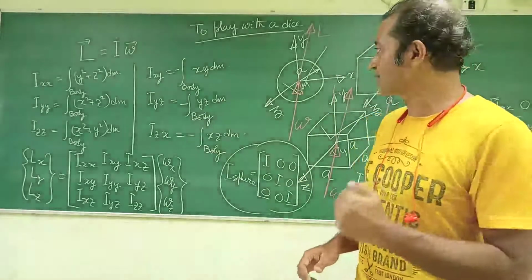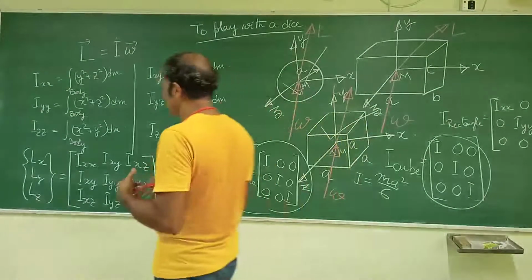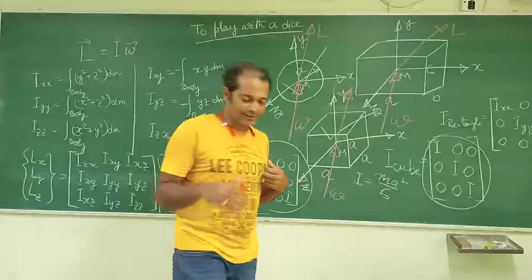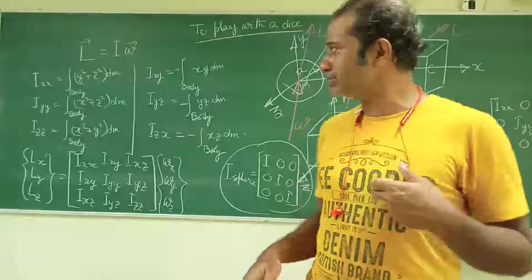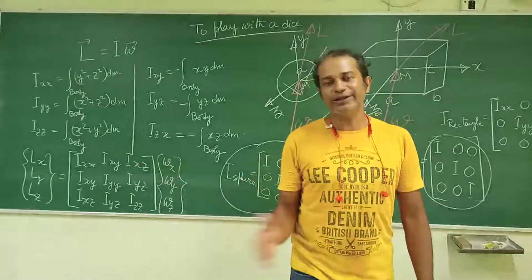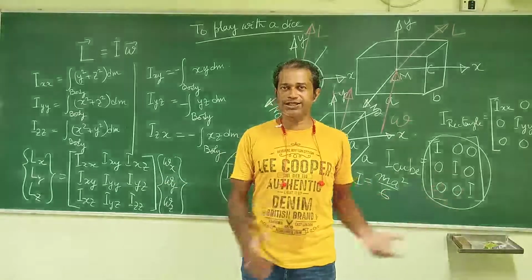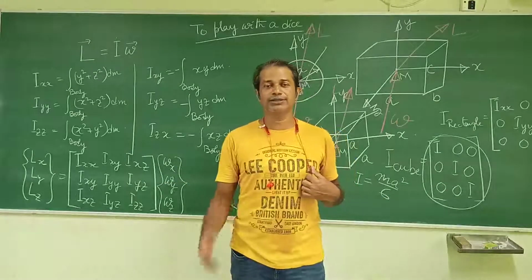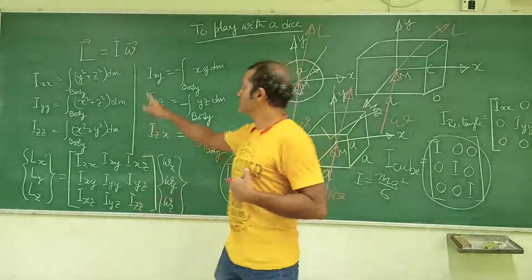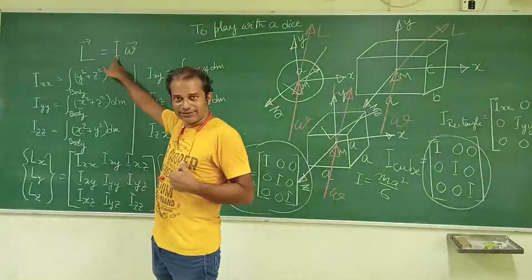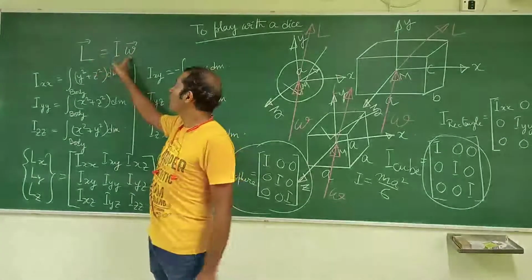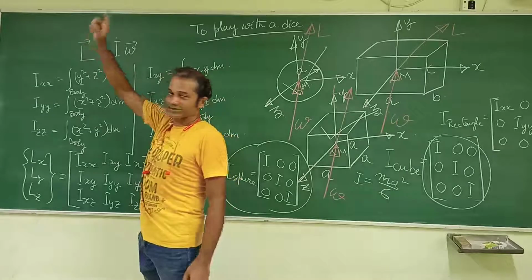Now, once again, I conclude here with a recapitulation. In this three-lecture series, we started with the transformation, and this is the tensor which transforms one vector into another vector.